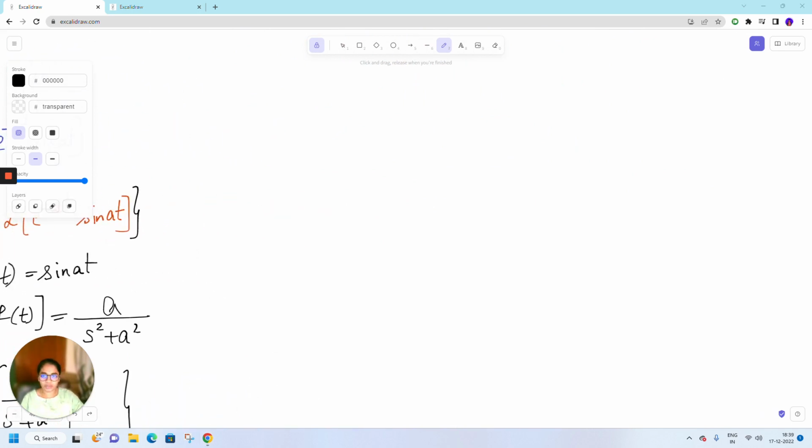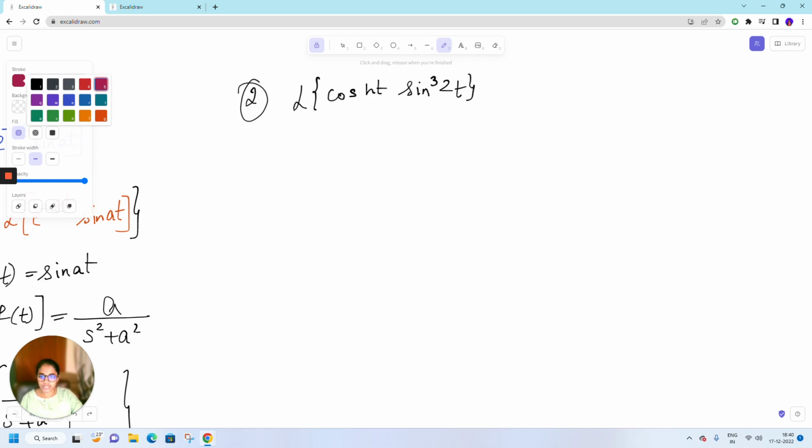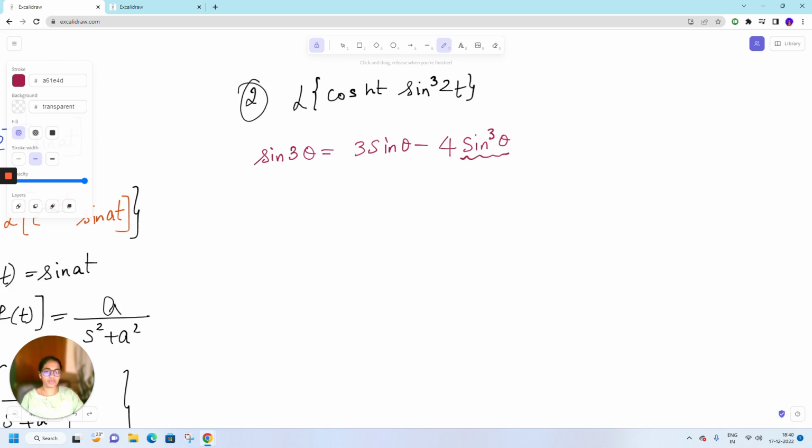The next question, that is the second one: find the Laplace transform of cos hyperbolic t into sine cube 2t. Can you recall what is the sine 3 theta formula? Sine 3 theta is equal to 3 sine theta minus 4 sine cube theta. Now simplify for sine cube theta, because that is what we have in the question.